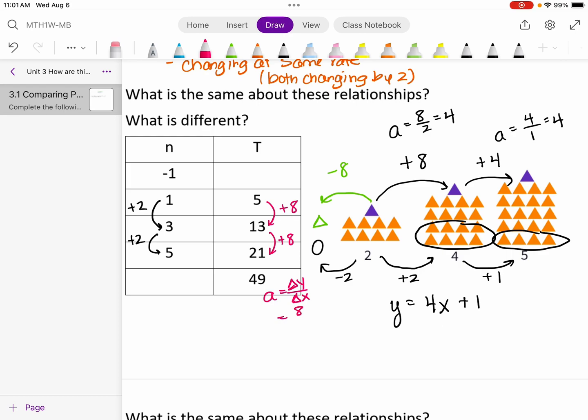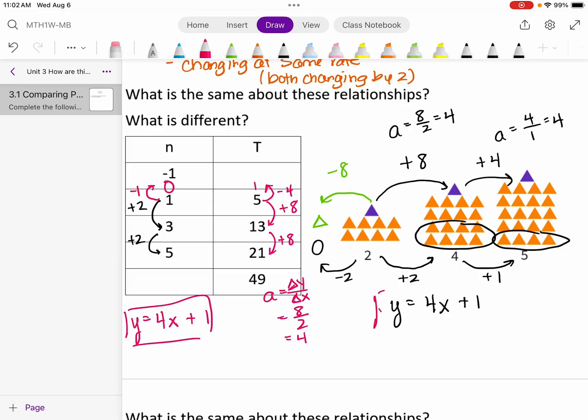So I'm going to take 8 over 2, and that gives me a rate of change of 4. So I'm going to write y equals 4x. Now I need to figure out what my 0 term is. If I work backwards 1, I'm going to work backwards 4, and 5 minus 4 is 1. So I've got 4x plus 1.